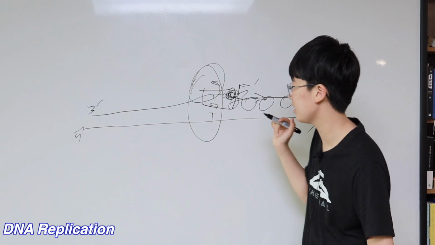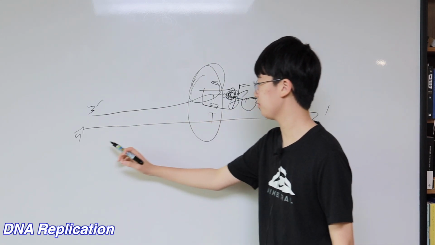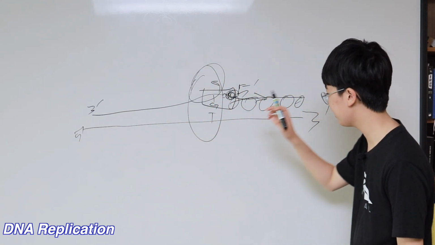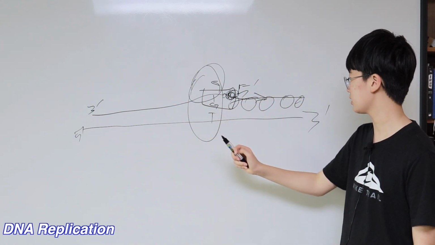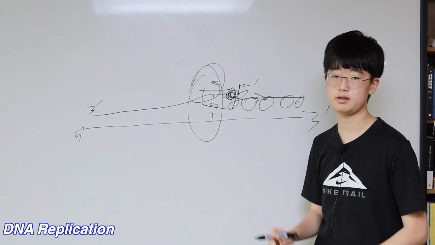So that's why primers tell the DNA polymerase to go from the 5 end to the 3 end, because of this, and because of the reason of proofreading.